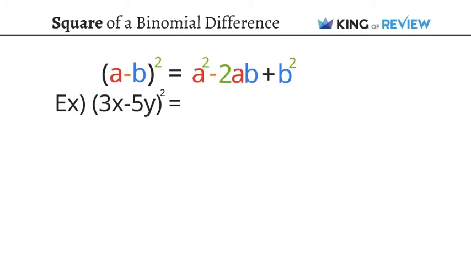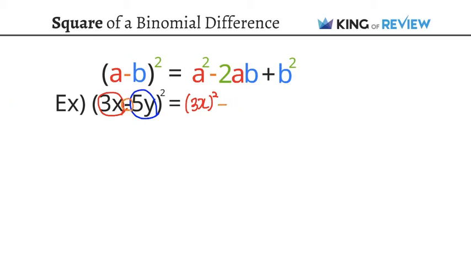Okay, the first one minus the last one, and the whole squared, that's equal to the first one squared, so 3x squared, right? And then this is minus, right?